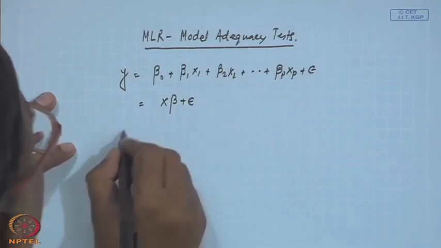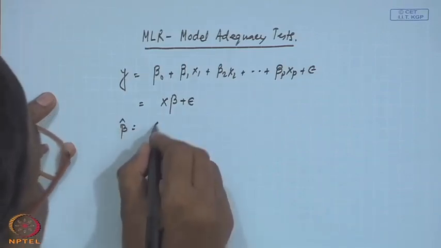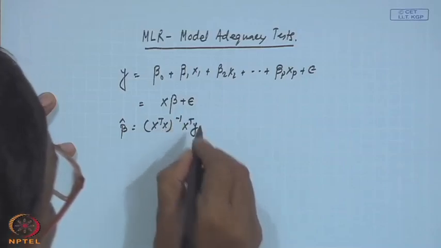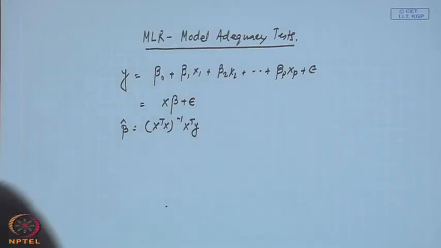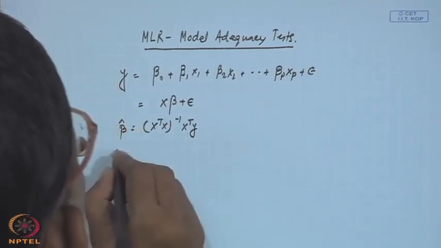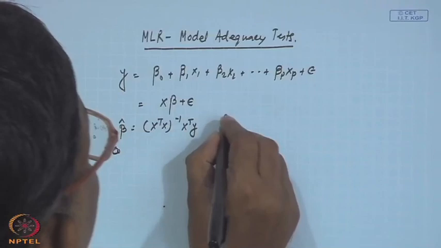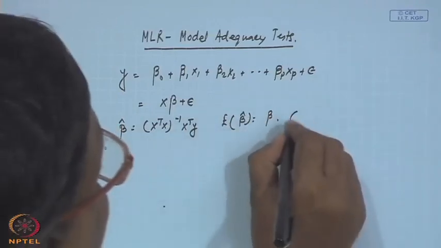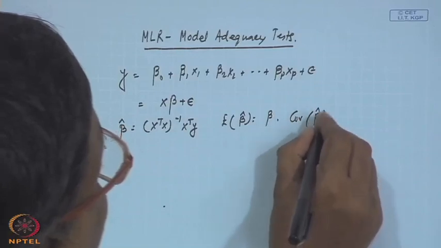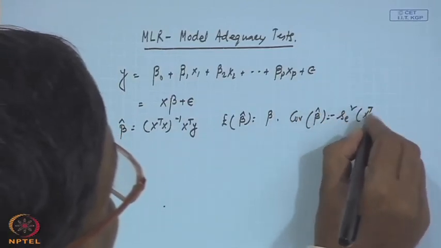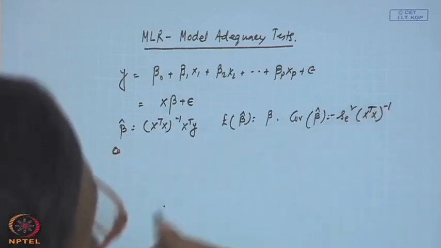We have already estimated the value of beta, which is (X transpose X) inverse X transpose y, and we also estimated the expected value of beta cap, which is beta, and the covariance of beta cap, which is s square (X transpose X) inverse.